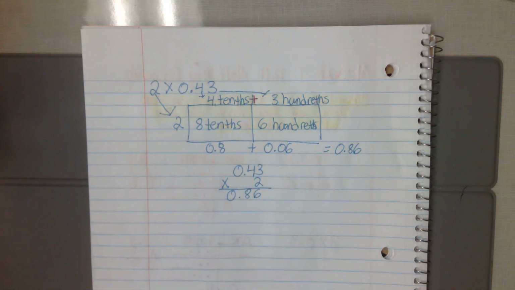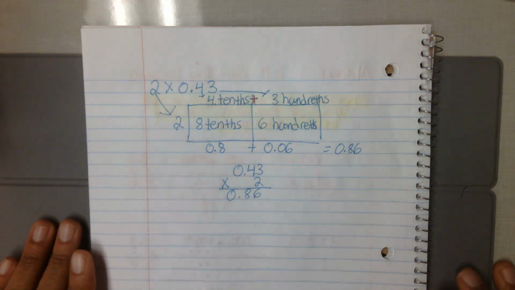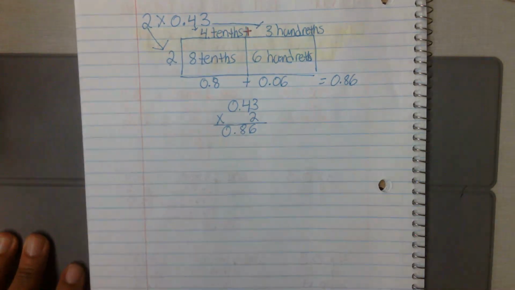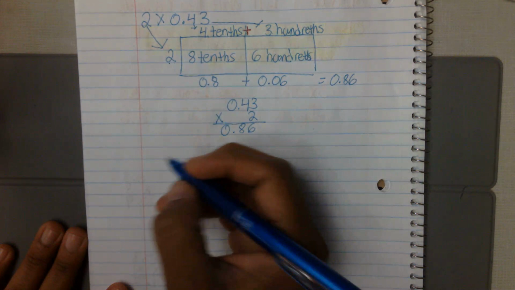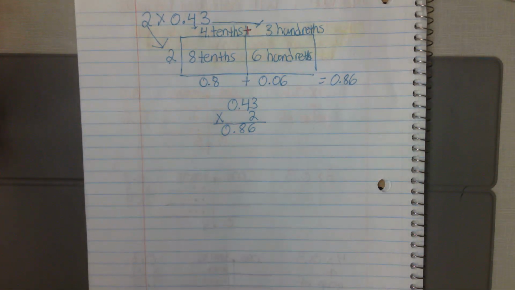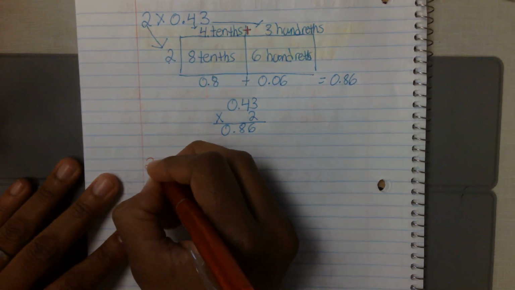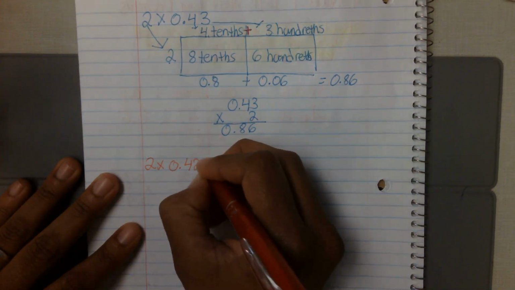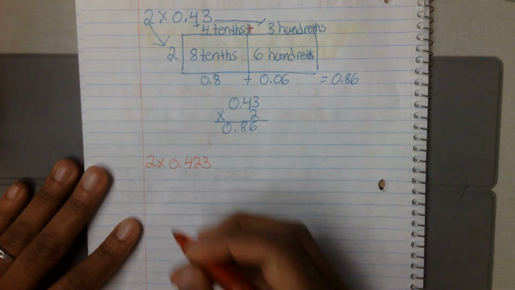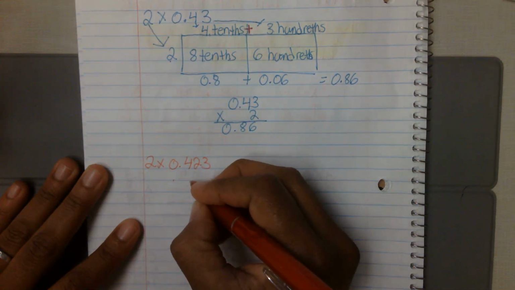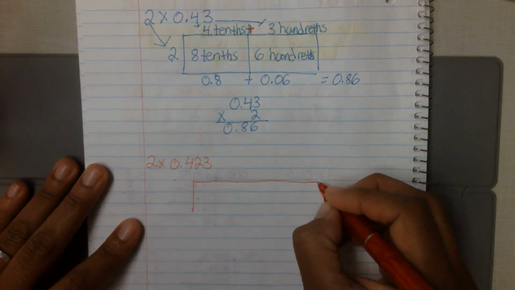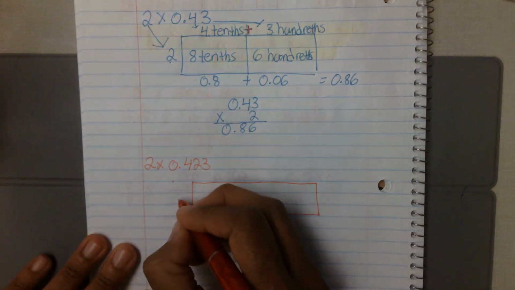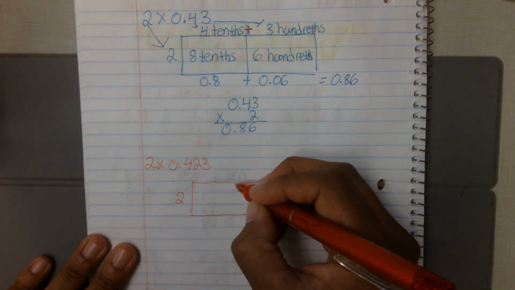Okay, so let's try a number that's a little bit larger now. And you can do this same thing with your place value chart as well. So let's try 2 times 423 thousandths. Okay, so I'm going to draw my rectangle, make it a little bit longer because now I see 3 digits, so that means I need to have 3 columns. My 2 is going to go on the outside.